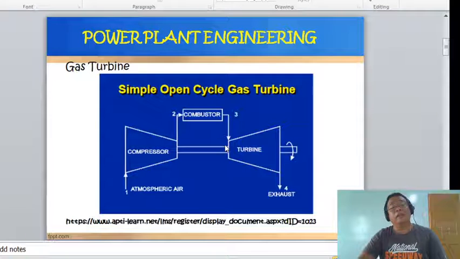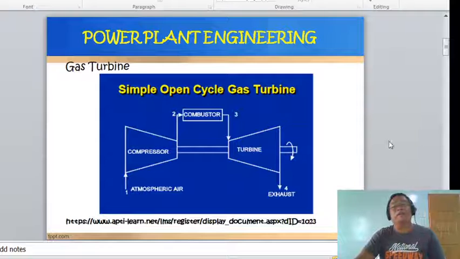The hot gases then lead to the gas turbine, and after the flue gases strike the blade of the turbine, they exhaust to the atmosphere.